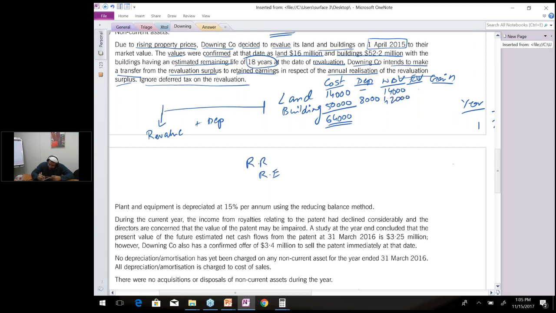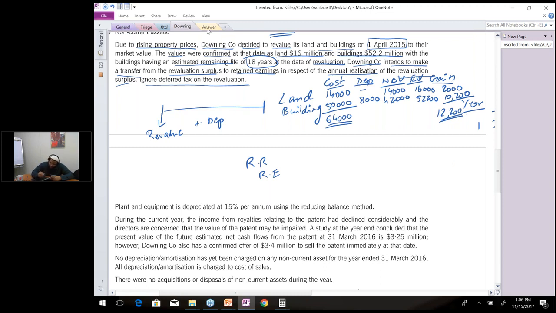And the fair value given by the question is actually 16 for land, which will give 2,000 of revaluation gain, and 52,200 for the building, which gives the building being revalued by 10,200. So the total revaluation is 12,200 in this case.